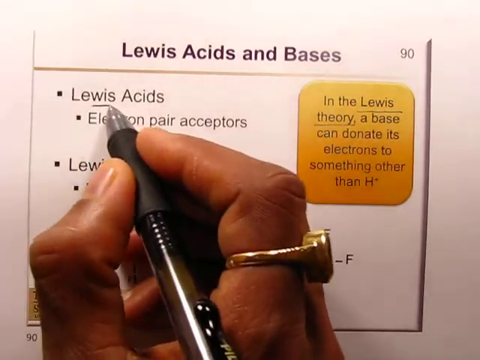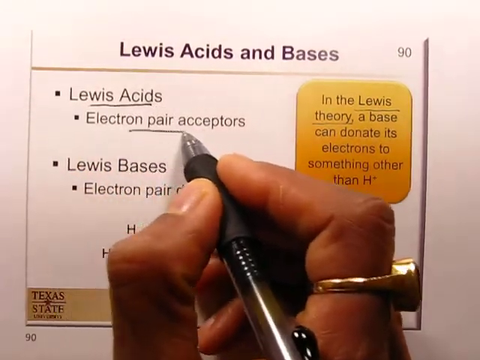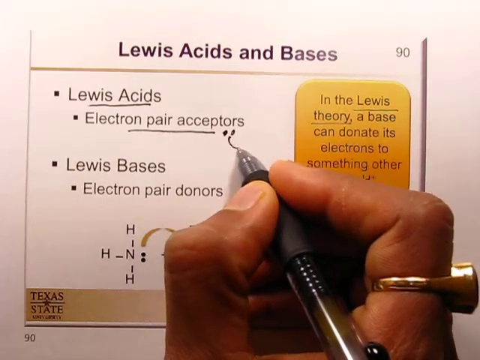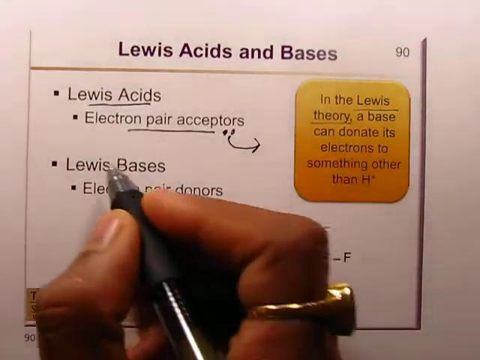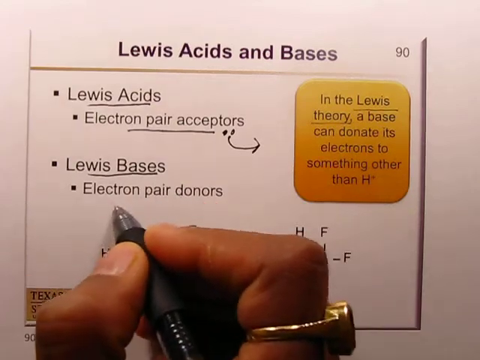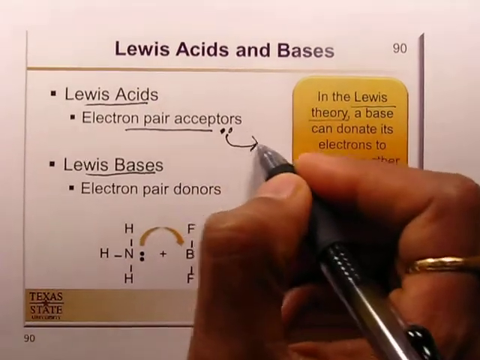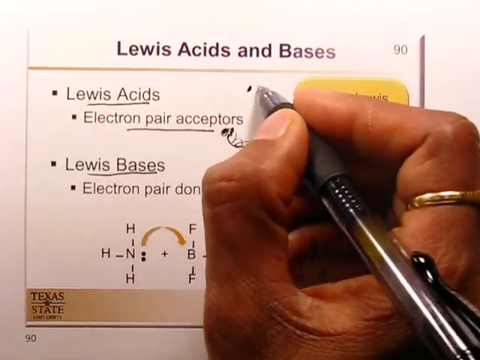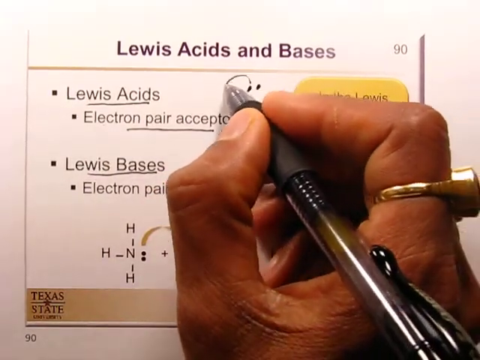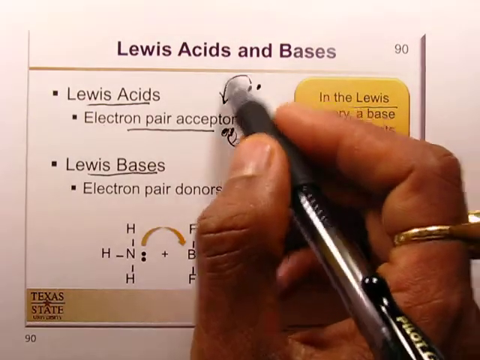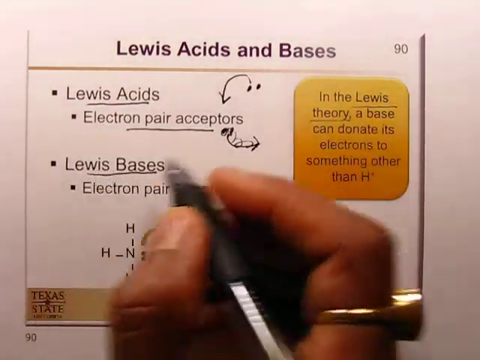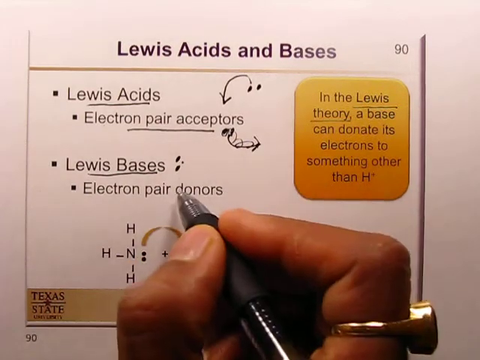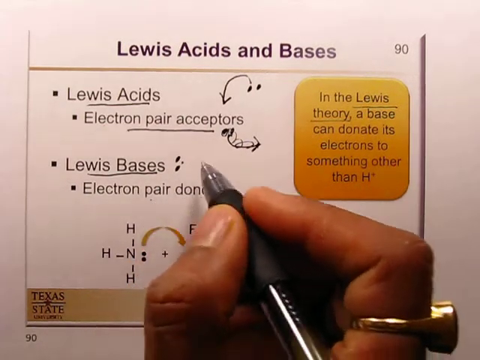So Lewis bases are electron pair donors. They have extra electrons which they donate, and Lewis acids are the electron pair acceptors. So Lewis acids are those compounds which accept the electron pair, and Lewis bases are those which donate, electron pair donors.